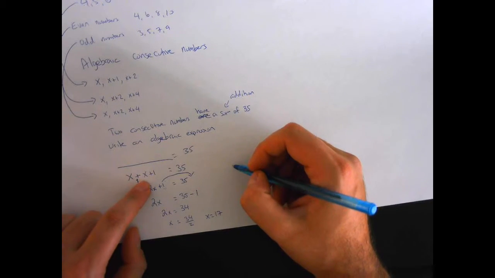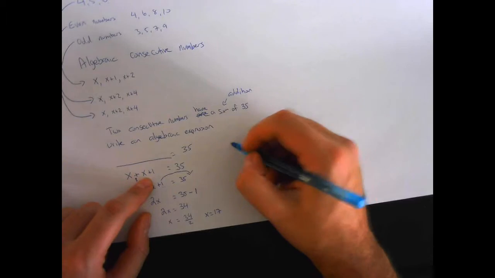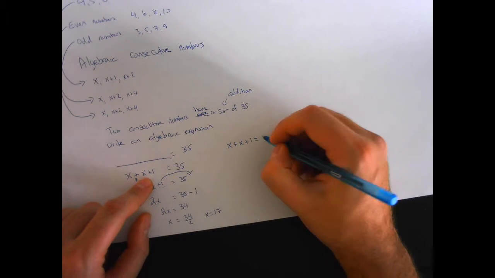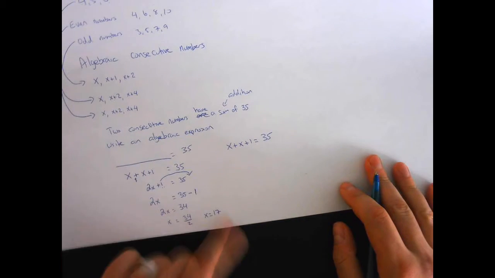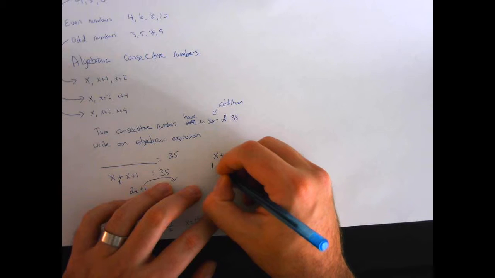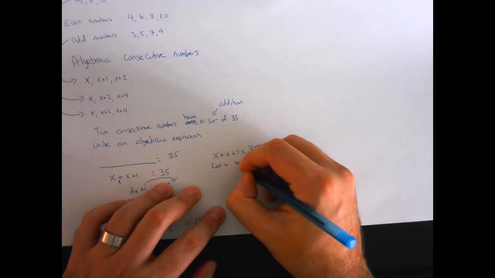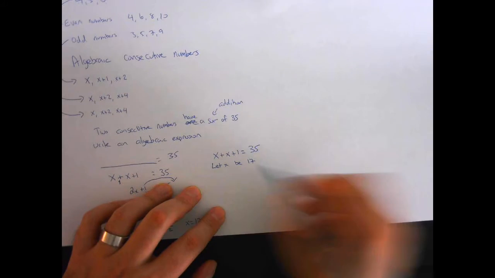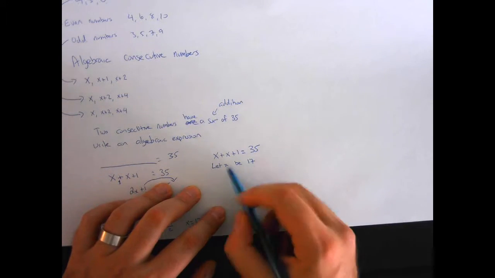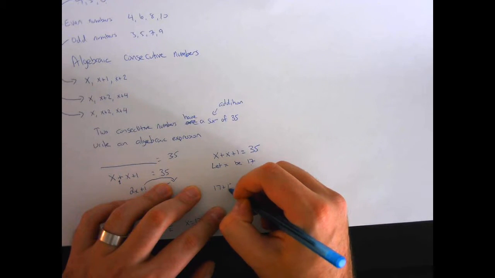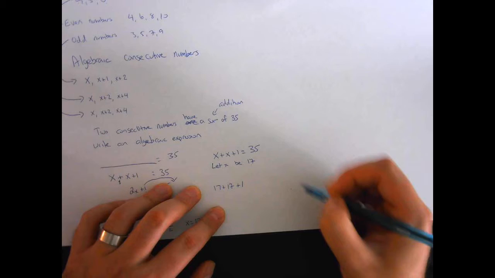So now we go back to our original expression here. X plus x plus 1 equals 35. We've figured out that x is 17. So let's write down, let x be 17. Now you put 17 where the x's are. And let's see if we're right. So 17 plus 17 plus 1.